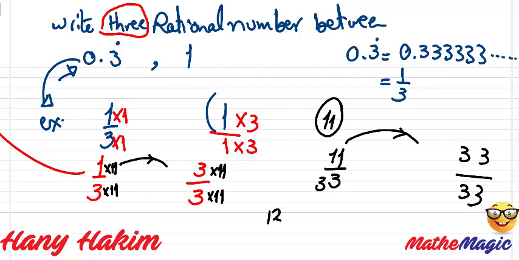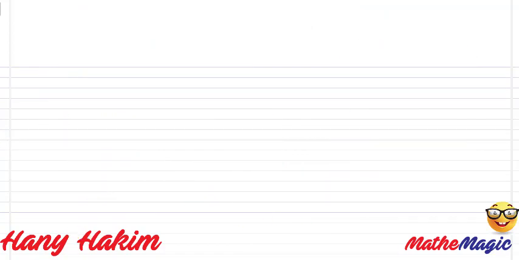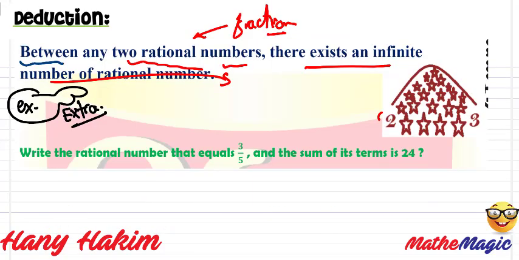Something like 12 over 33, 13 over 33 and 29 over 33. So we can note that between any two rational numbers that exist, we can find an infinite number, this means a lot of numbers, of the rational numbers.